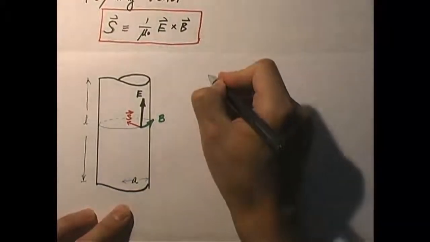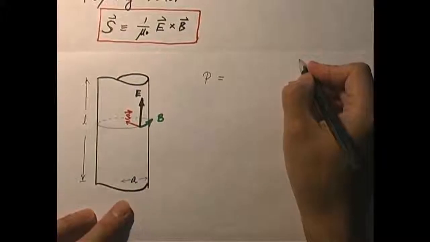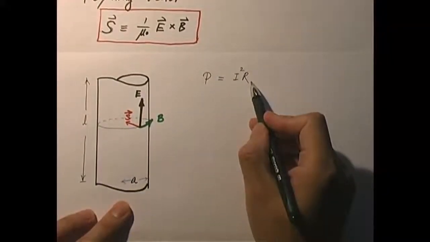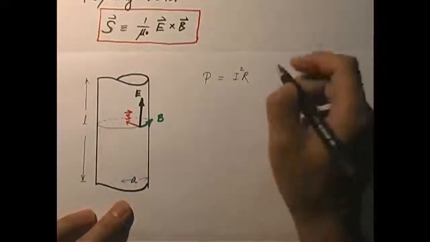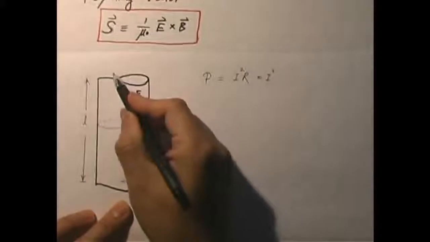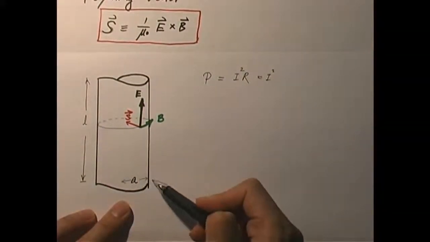That would be P equals I squared times R, where R is the resistance. And I can find R from the cross-sectional area, the length, and the conductivity or resistivity.